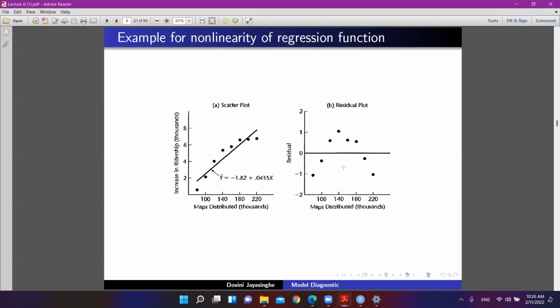So we should get all these scatters around this line. We should not be getting a pattern. These scatters should be scattered randomly in a constant band. That is the expectation, but in reality we have gotten something like this. So by looking at this plot, we can say the relationship between these two is not linear, right?